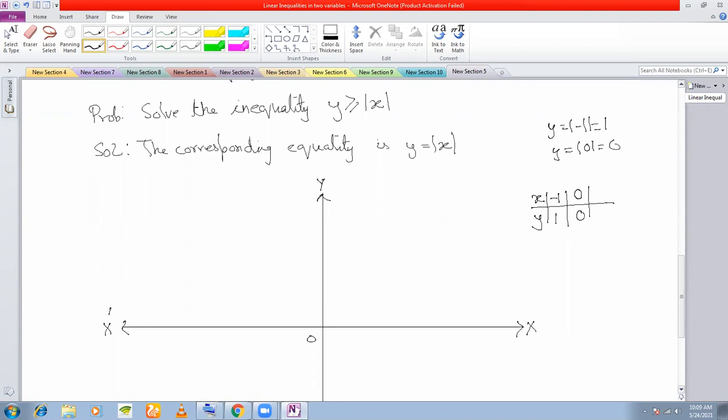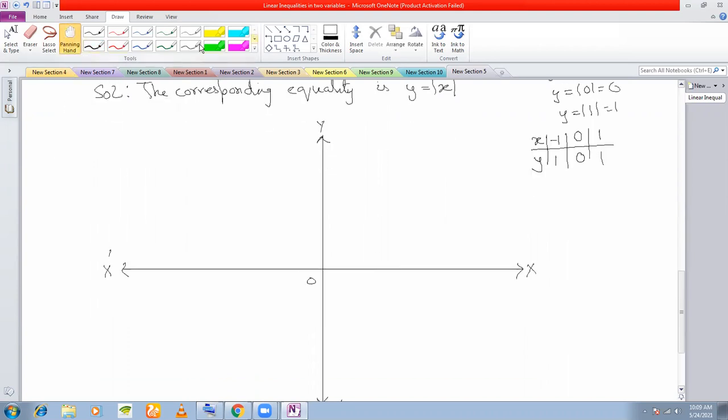And you take x is equal to 1. So y is equal to mod 1, which is 1. Right? You take 3 points. You plot these points on the x and the y axis. You will get this kind of a graph.